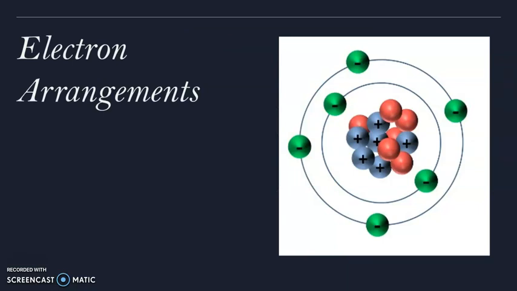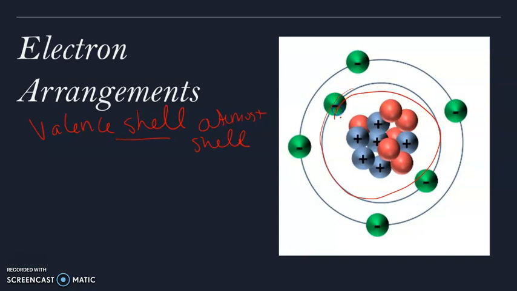One of the vocabulary words we need to know here is valence shell. Valence shell, that's the outermost shell. Okay, Mrs. Liddington, what is a shell? Well, all of those electrons flying around the outside of the nucleus are contained in shells, sort of like a candy shell.